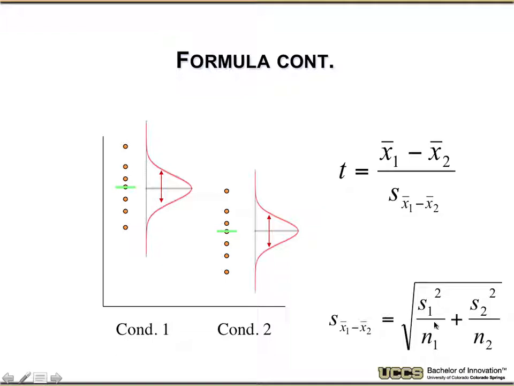I said this population standard deviation, not the sample. Maybe I got them backwards. I would have to check. But the denominator here is the square of the first standard deviation divided by n plus the square. It's the harmonic mean of the two standard deviations. Okay? So that formula goes into what this T statistic is.